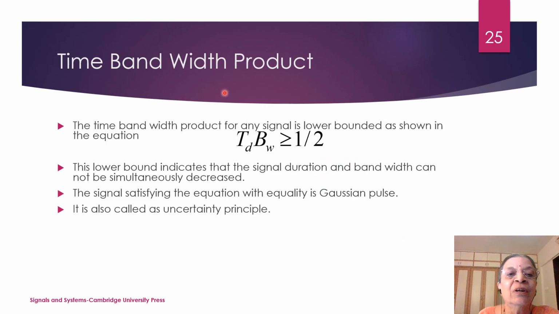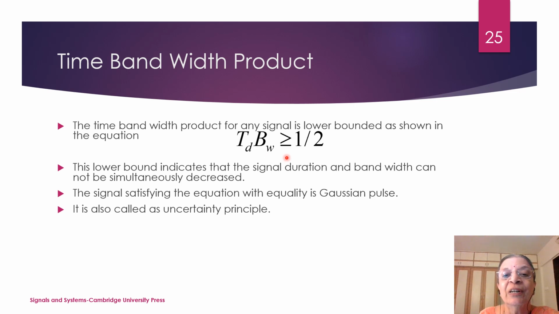Time bandwidth product. The time bandwidth product of any signal is lower bounded. There is a lower bound, that is half, and we say Td into Bw is greater than or equal to half. That is what we say: resolution in time domain multiplied by resolution in the transform domain remains constant.